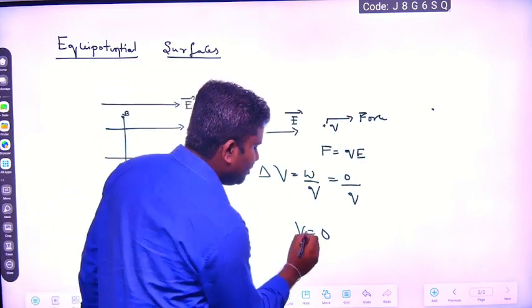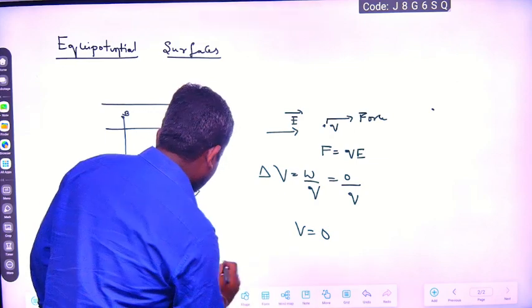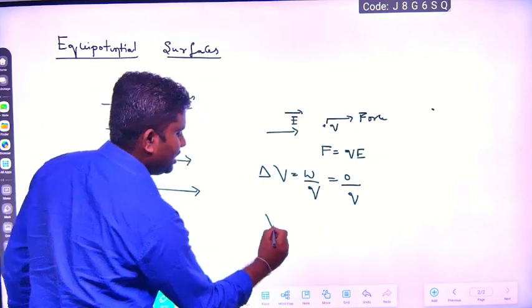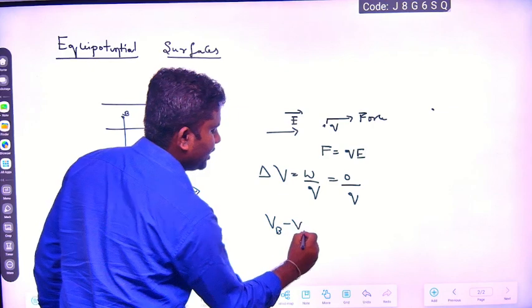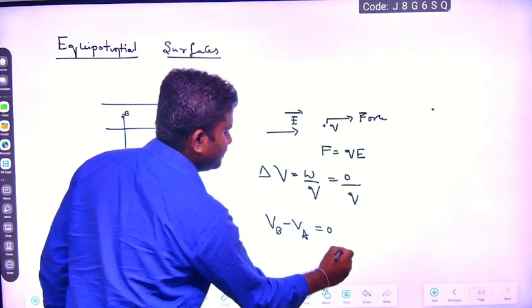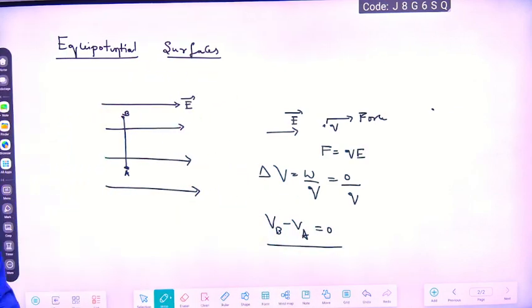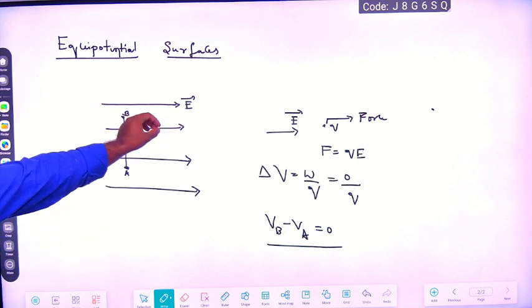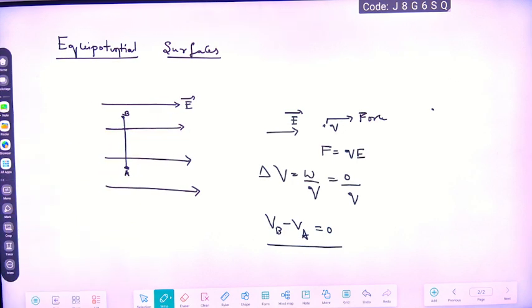The potential difference here is VB minus VA, which equals 0. So when work done is 0, that surface is said to be an equipotential surface. A surface is said to be an equipotential surface when the work done to move a charge within that surface is 0. Please write that.